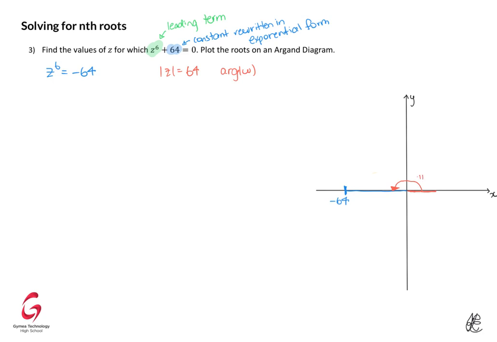So that means it has an argument of pi. So we can now list the negative 64 on the right-hand side of this equation in polar and exponential form.